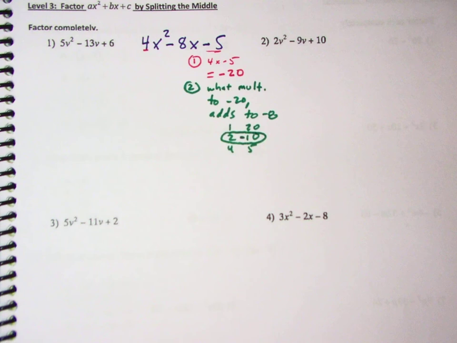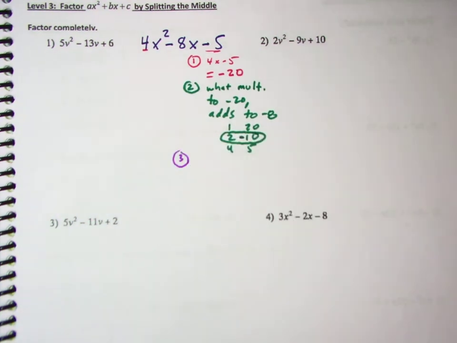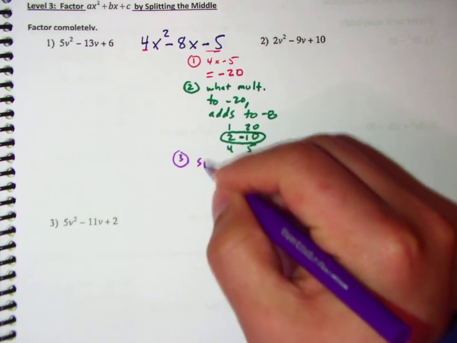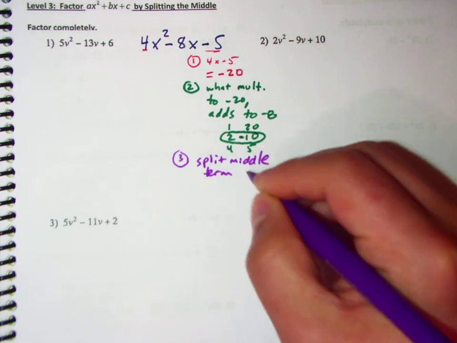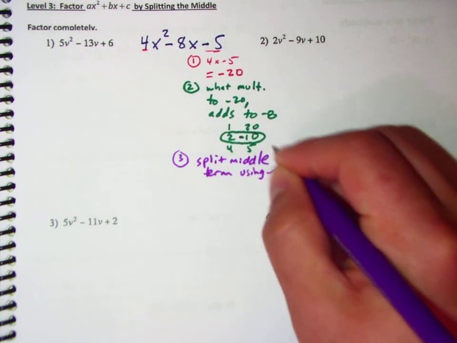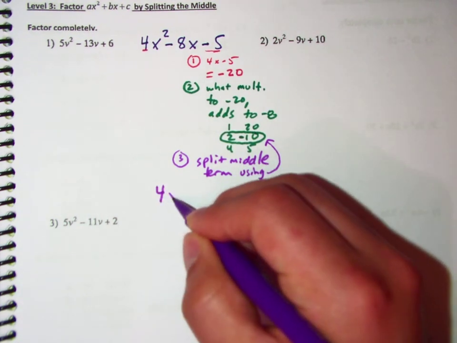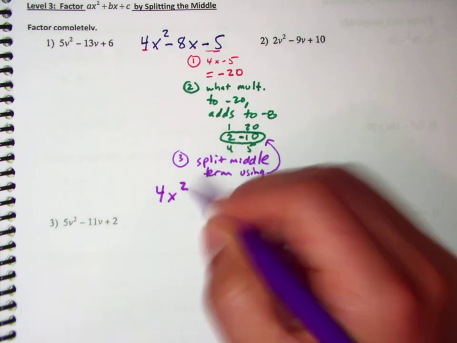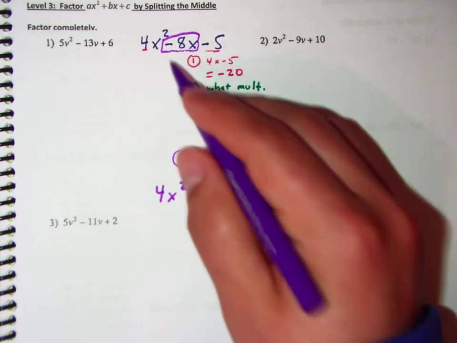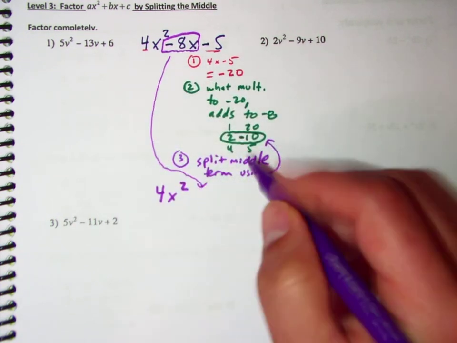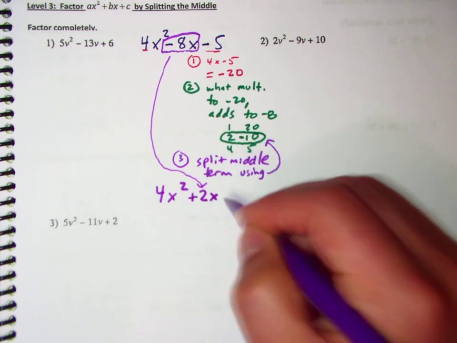The third step is that now you're going to split the middle term using these numbers. Okay, and so what you're going to do is rewrite the equation or the polynomial. You're going to do 4x squared, but instead of negative 8x, this is going to get split up into positive 2x and negative 10x.